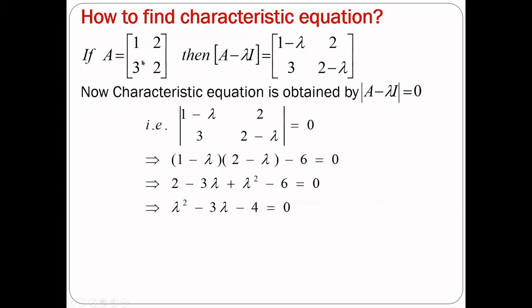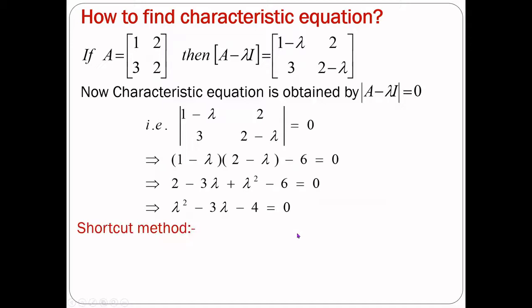So for a matrix of order 2 cross 2, we get a characteristic equation of degree 2. Now I will tell you the shortcut method to find the characteristic equation for a 2 cross 2 matrix as well as for a 3 cross 3 matrix. First we will see with this matrix only.